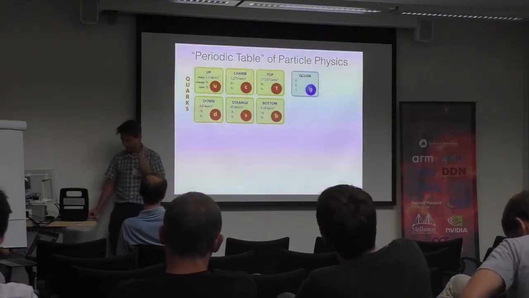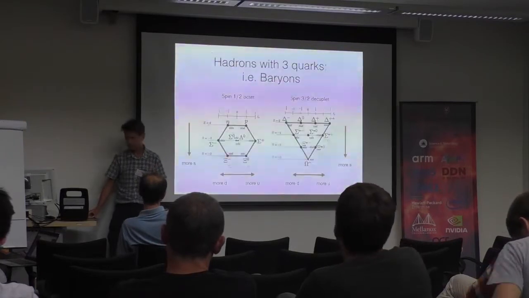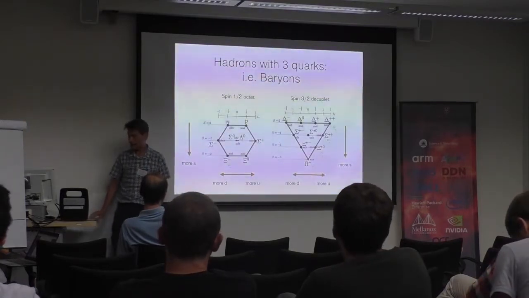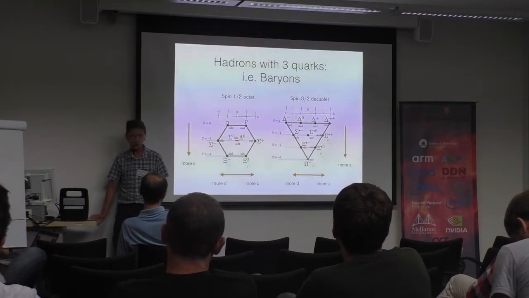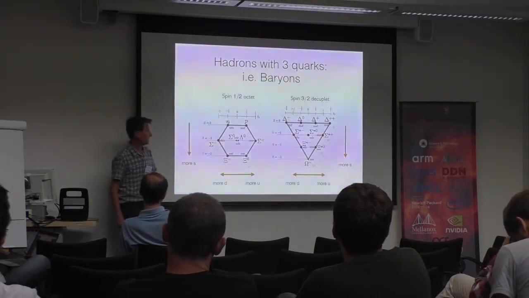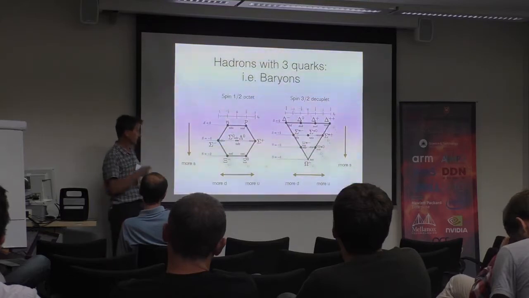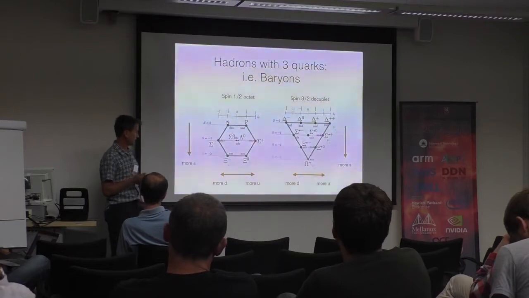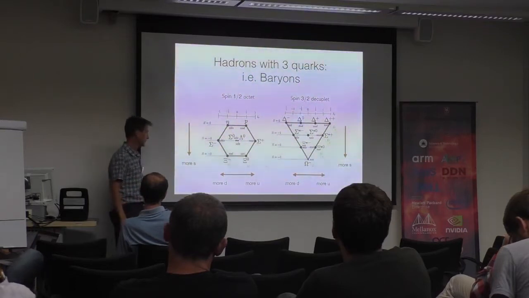What we're going to be studying is just combining 3 quarks together, so baryons basically, and we're just going to be concentrating to start with the lightest 3 quarks, so the up and the down and the strange.